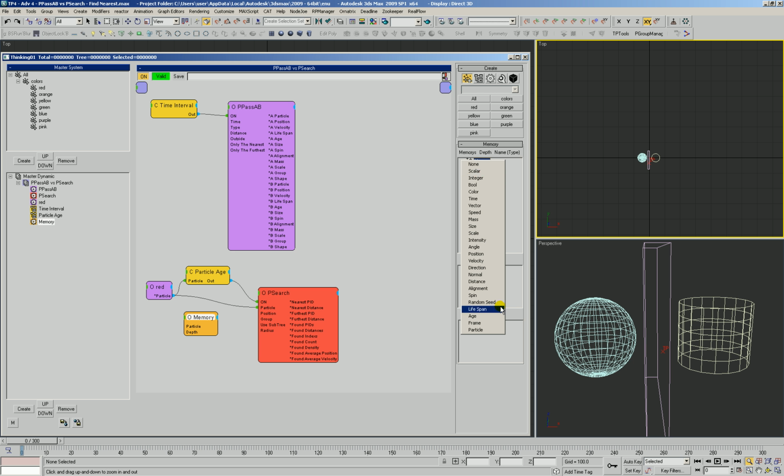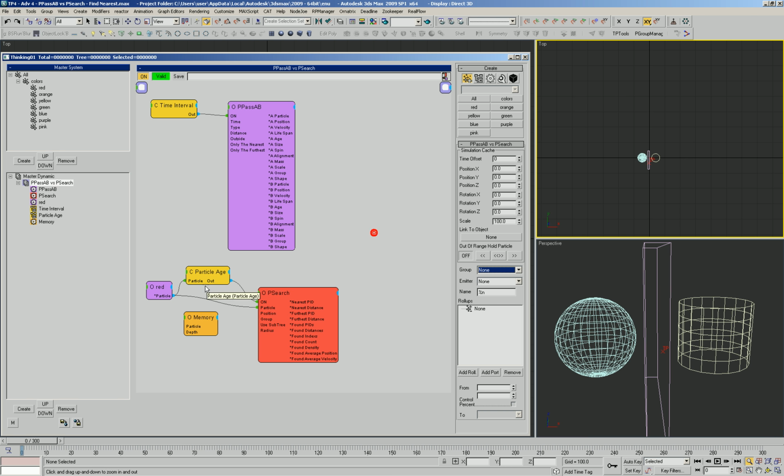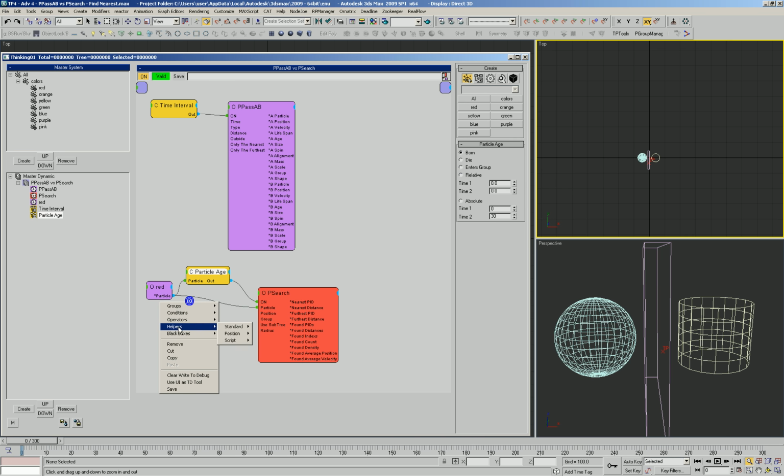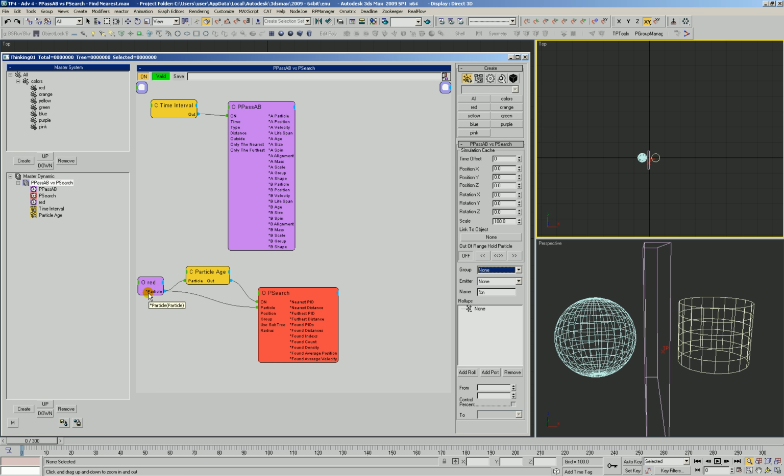Don't you wish these were all alphabetized? Interesting. We don't have particle group here. How about that? Well, we could script that if you wanted, or in our other case here, what we'll do is a get reference, where we could actually query that reference particle group. Not quite the best example there.